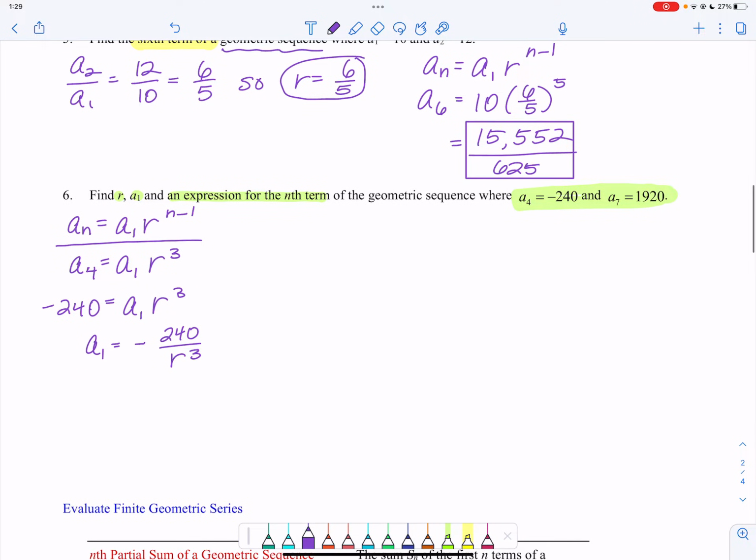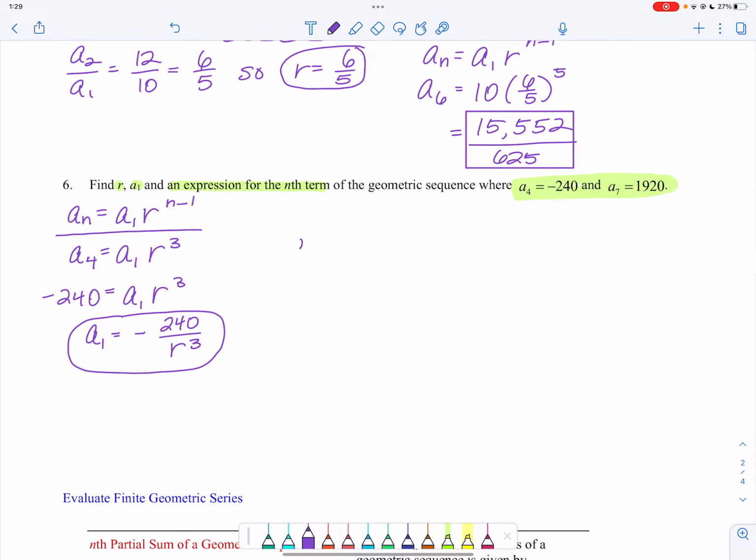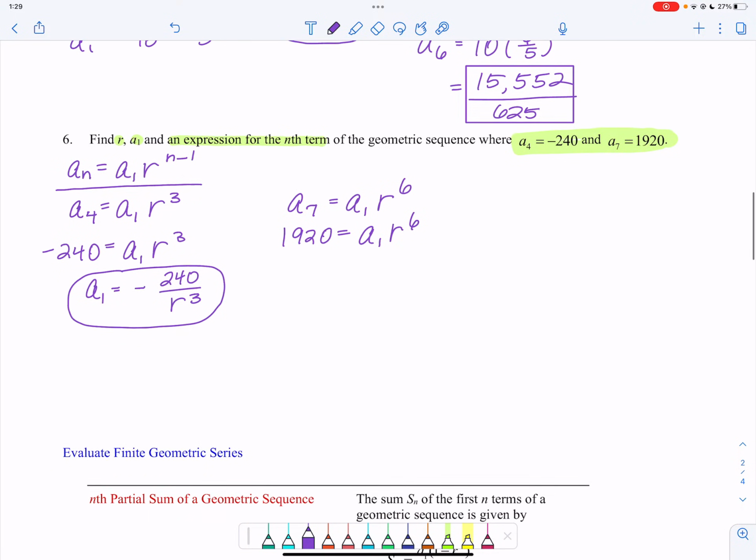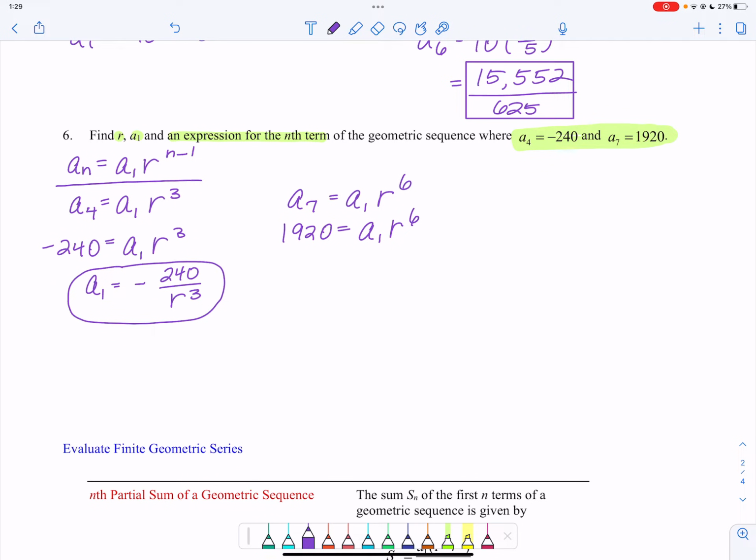Make sure we hang on to this value for a sub 1. Okay, let's do the same thing. A sub 7 is equal to a sub 1 times r to the 6th. And they gave us a sub 7 is 1920, equals a sub 1 r to the 6th.